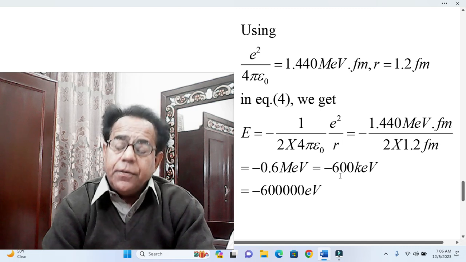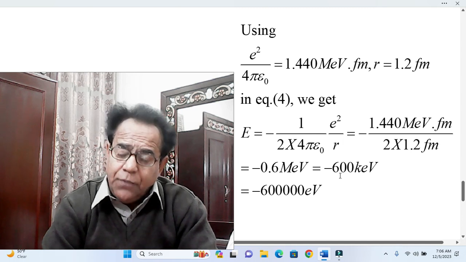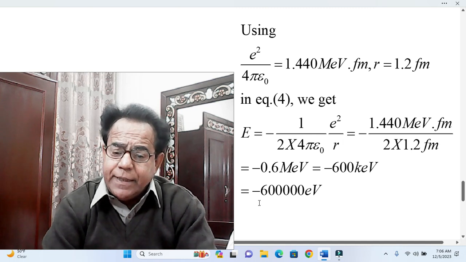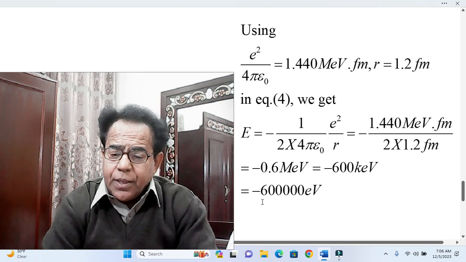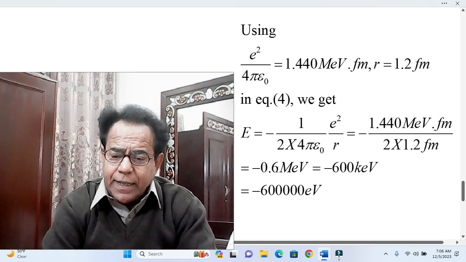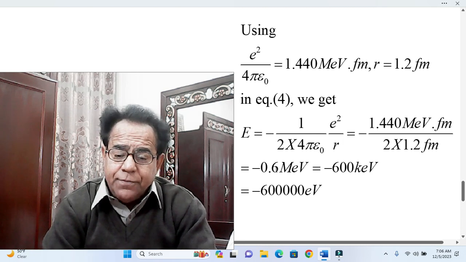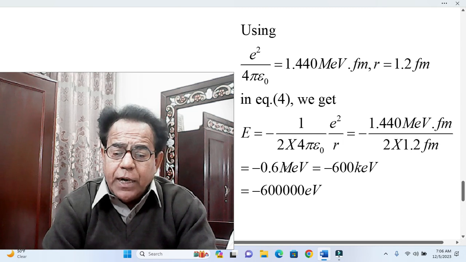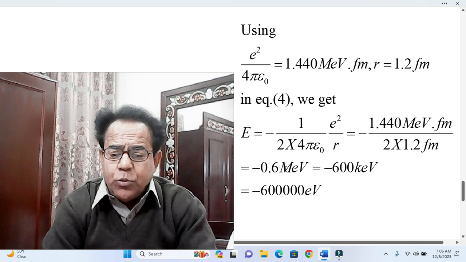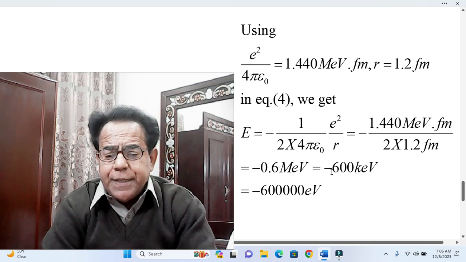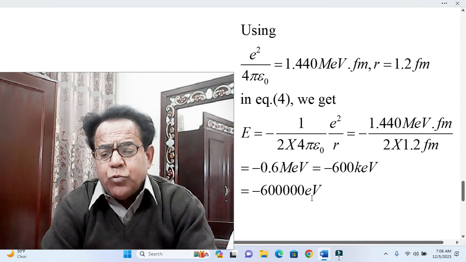Moreover, if we convert it in simply electron volt, then it will become minus 600,000 electron volt. That is to say, first we have multiplied it with 1000 to convert million into kilo. Then we have multiplied it with another 1000 to convert it into electron volt.